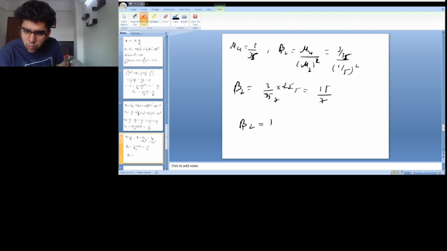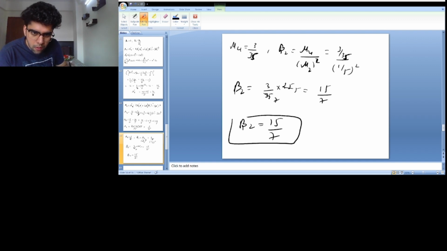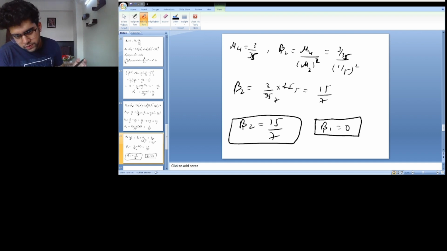My answer is most probably correct. And my beta 1 was 0. Yes, this was correct. So this was example 5.11 from the 5th chapter, Random Variables and Distribution Functions of S.C. Gupta.